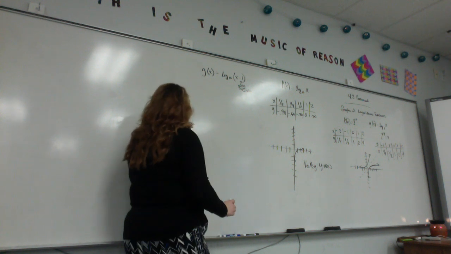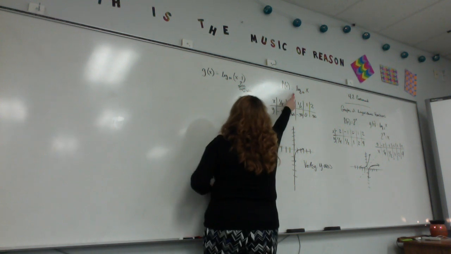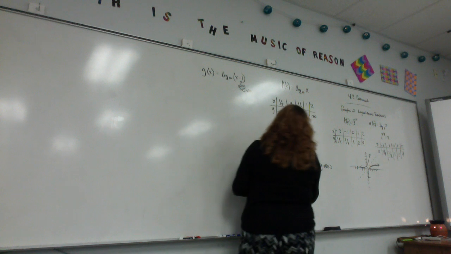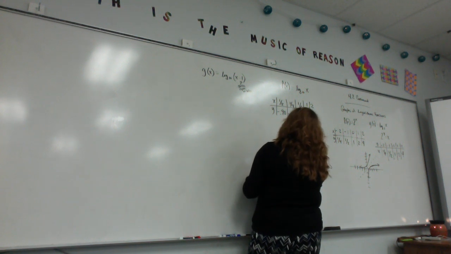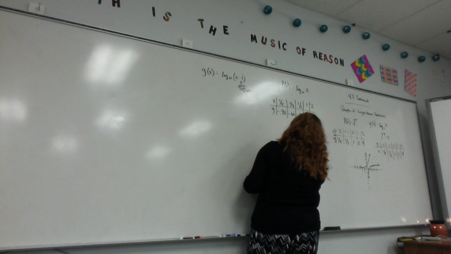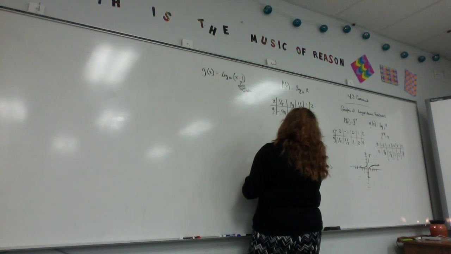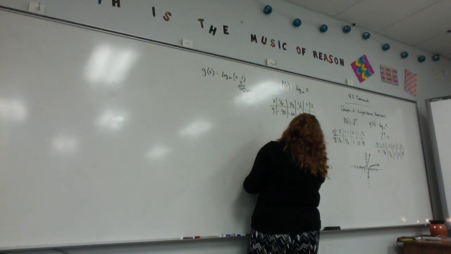So if it's a negative, that means it's shifting it to the right 1 unit. So the only thing I added to this graph right here is that -1, which would take each of these points and shift them 1 whole unit to the right. So instead of this being 1/8, it's going to be 1 1/8. And instead of 1/4, it's going to be here, and this one will shift to here.